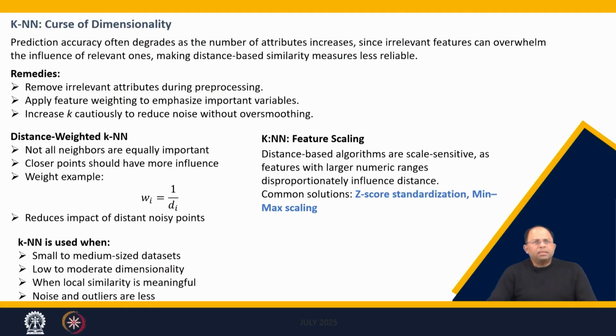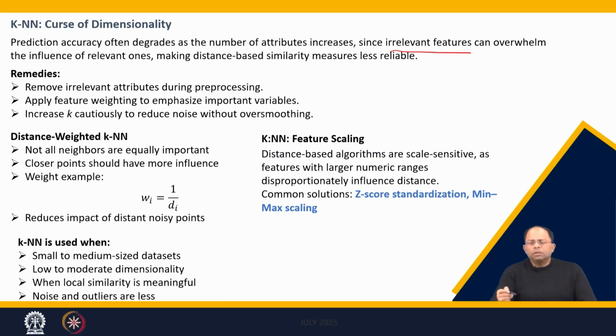Along with that, we have certain other issues that we have to be careful about. With this KNN model, the prediction accuracy often degrades as the number of attributes increases, since sometimes there are a lot of irrelevant features. What we have seen earlier is when we do linear regression, logistic regression, not all variables are selected, only the ones which are contributing more or which are significant.